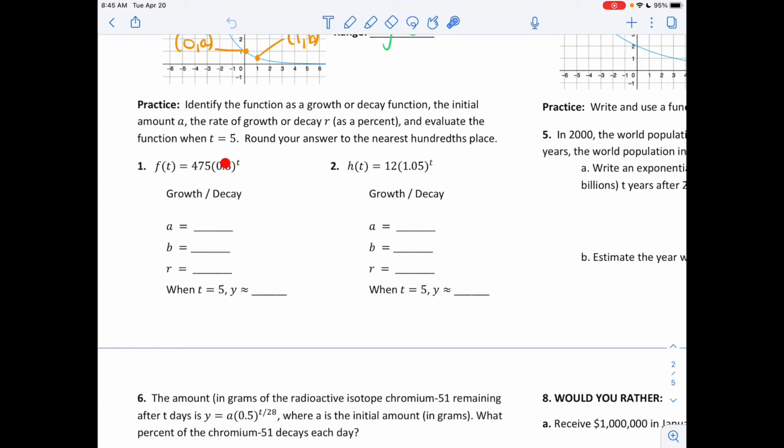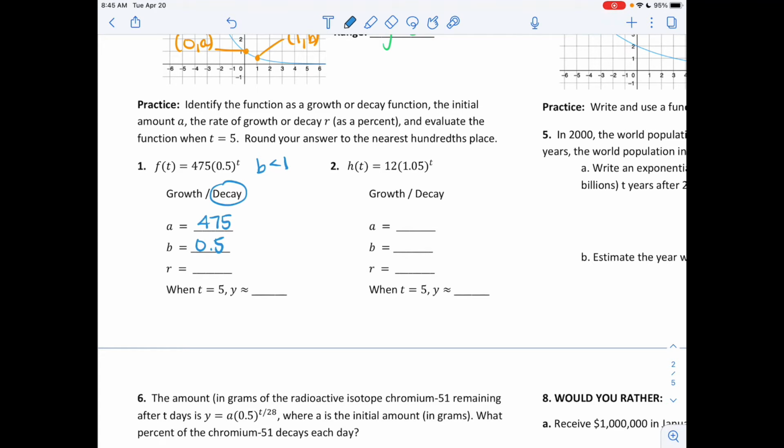So let's take a look at our first one. I see that I have a 0.5 here, so that means that my B value is less than 1, leading me to say that it's decay. Remember that the A value is the number in the front outside of the parentheses, so that is 475, and my B value is the number in parentheses, 0.5.